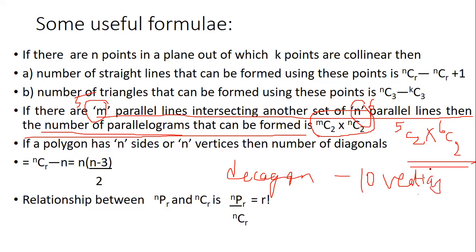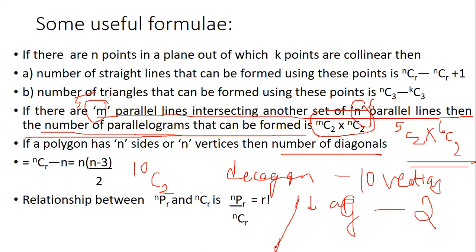Then number of diagonals is equal to NCR minus N. So what is N? 10. C. What is R? We have to take 2 points to form a diagonal. For a diagonal, we require 2 points, 1 point on the upside and 1 point on the opposite side.